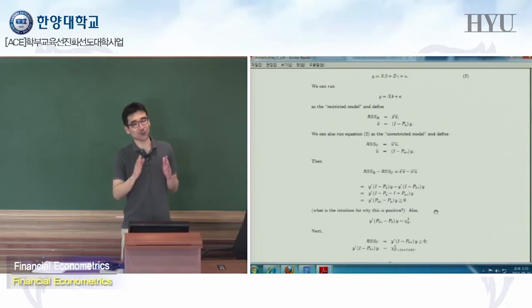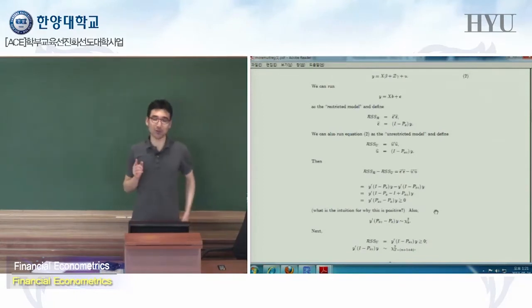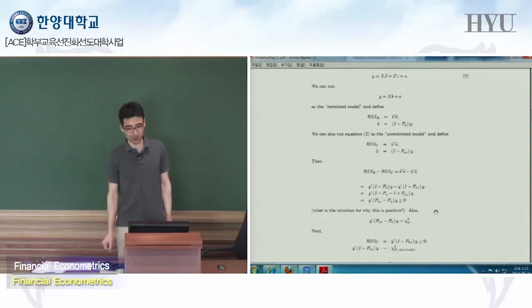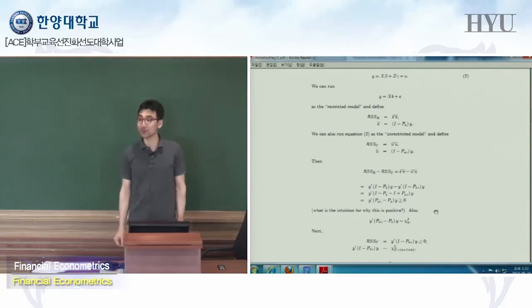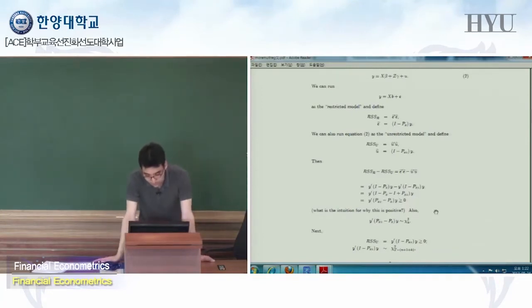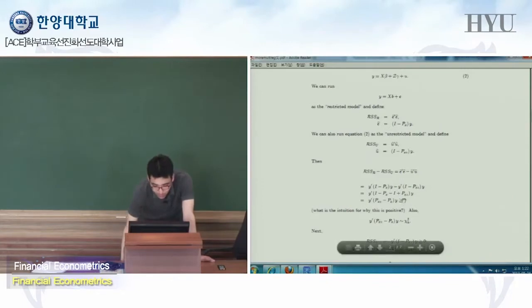If we include more and more variables, then at least we can fit the curve better. Because the restricted model is a special case of the unrestricted model, the unrestricted model should always beat the restricted model. The error term should always be smaller. So this one is still positive.